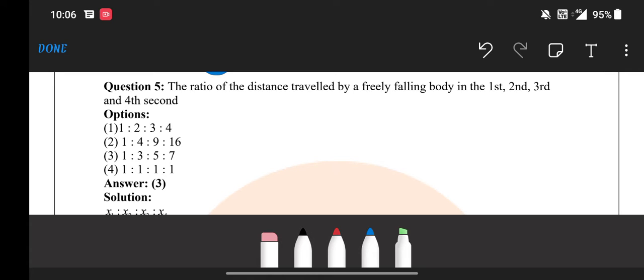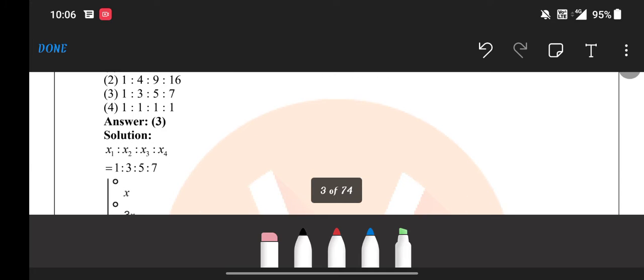The ratio of distance traveled by a freely falling body in the first, second, third, fourth second is: option 1 is 1 is to 2 is to 3 is to 4, option 2 is 1 is to 4 is to 9 is to 16, option 3 is 1 is to 3 is to 5 is to 7, option 4 is 1 is to 1 is to 1 is to 1. So these are the options given. Let us take them as x1, x2, x3 and x4.